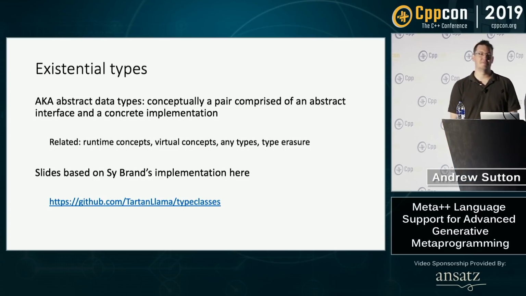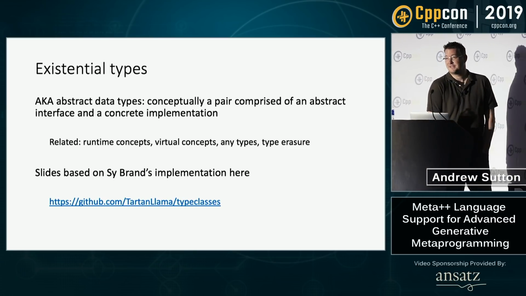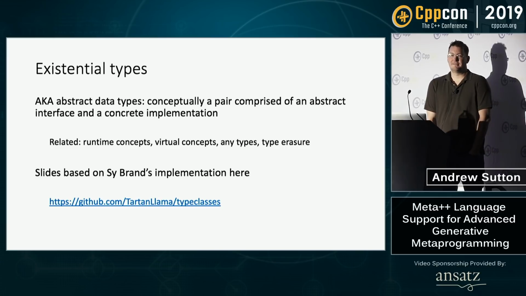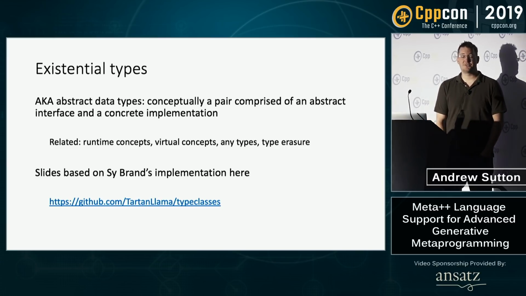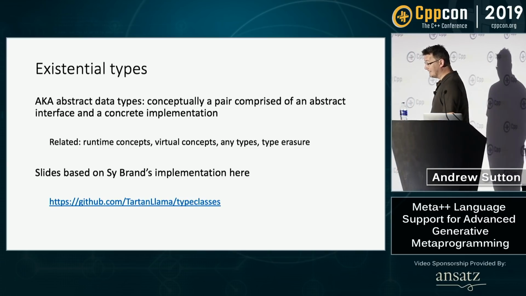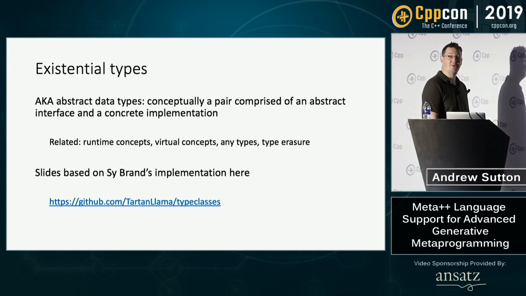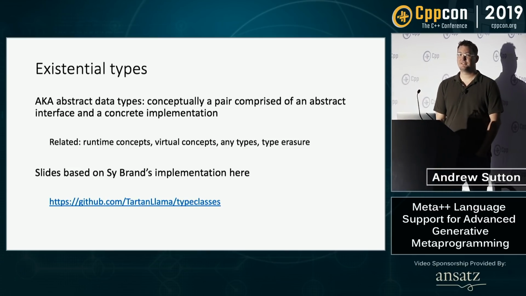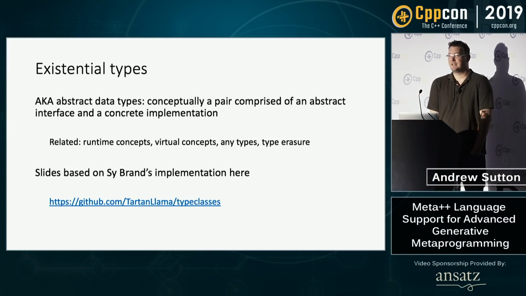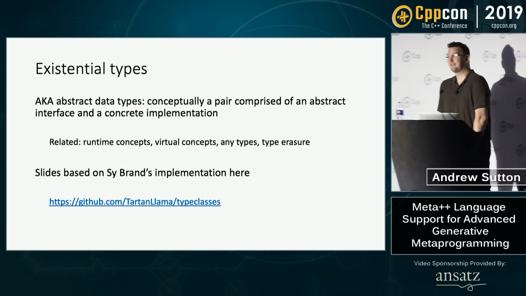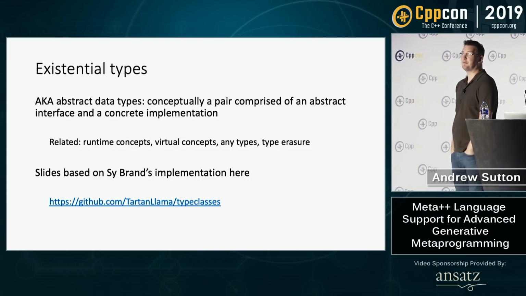You can think of them as abstract base classes and derived classes. That's not unreasonable. Type traits, or Rust traits, are kind of an example of these. Type classes are kind of an example of these. Lately in C++, we've gotten really fond of using any types or type erasure to generate these kinds of things. In fact, an existential type is really a type erased object. I think the purest expression of these is actually a type erased object.